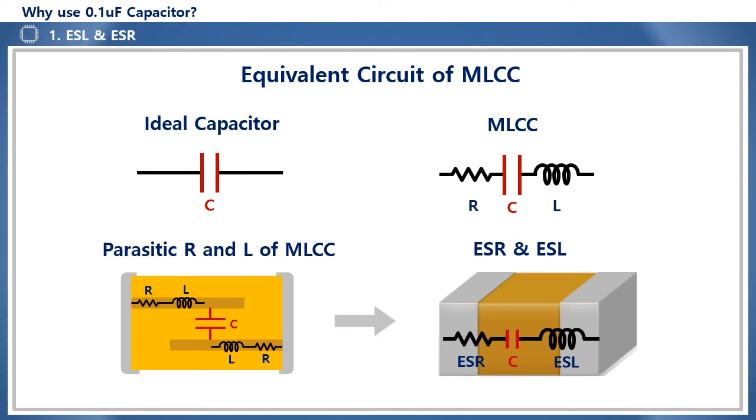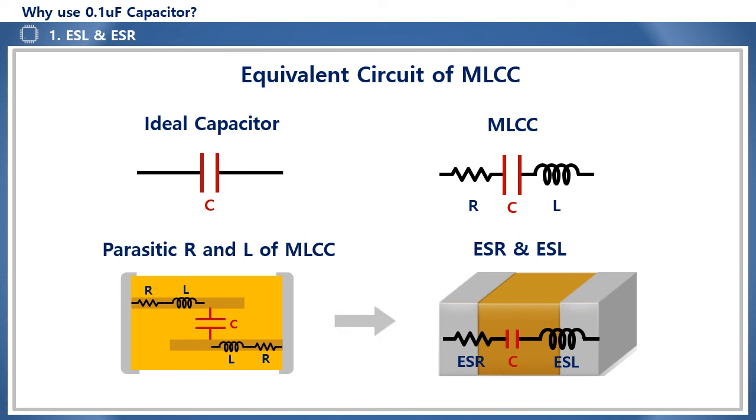Generally, designers only consider the pure capacitance value because ESR or ESL are small values, but in high power or high frequency ranges, these parasitic components affect the operation of the circuit, so if they are not considered, the intended function may not be performed, which may cause unexpected results. Generally, the ESR of MLCC is 10 milliohms or more, and the ESL is several nanohenries or less.